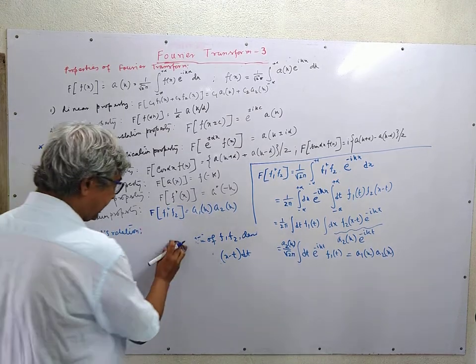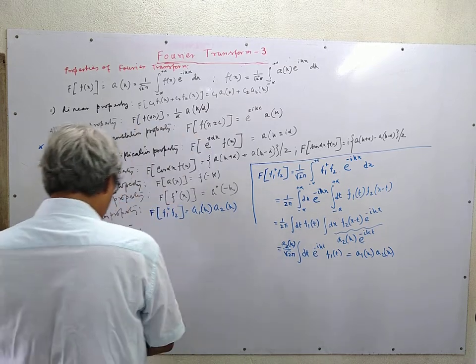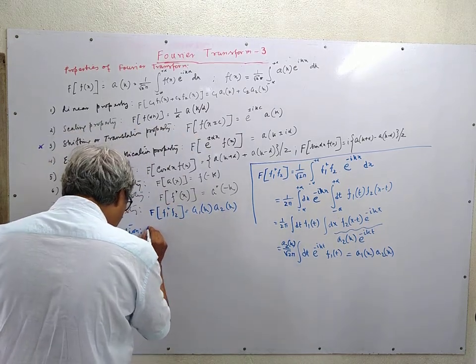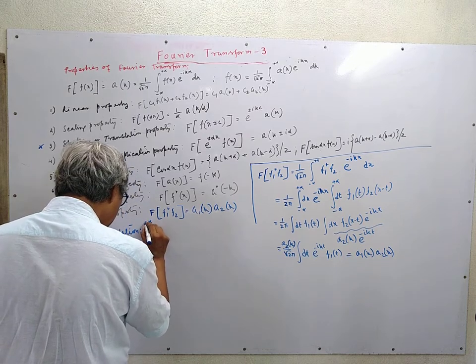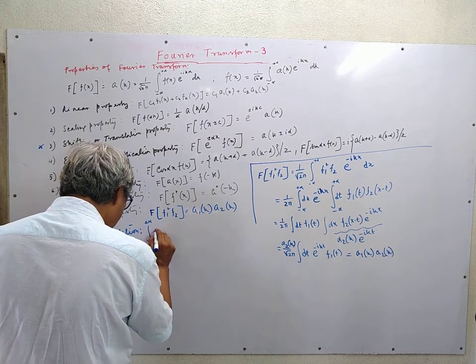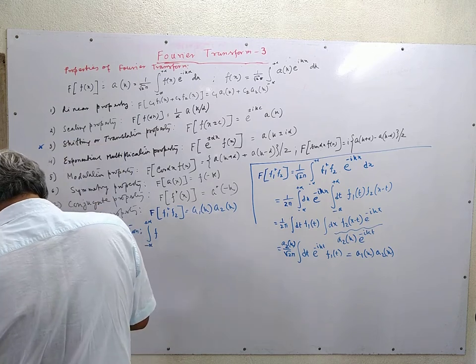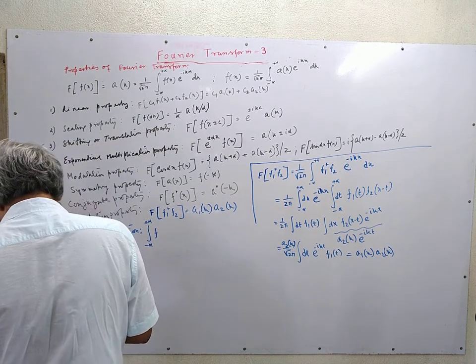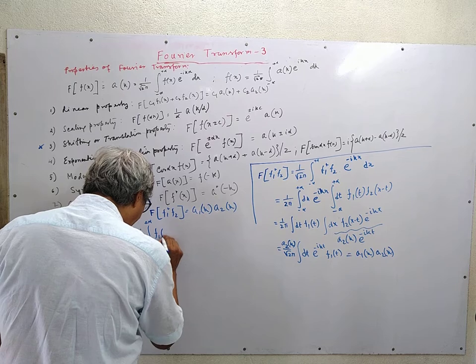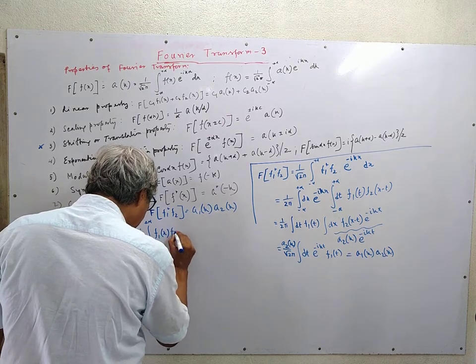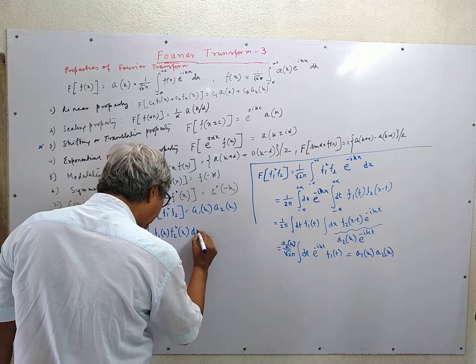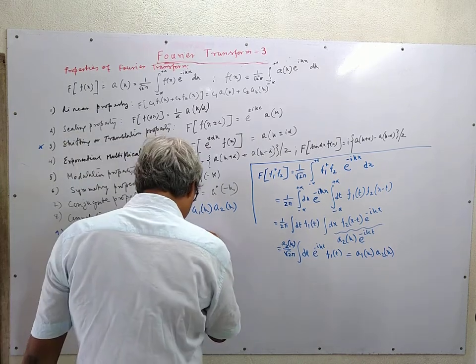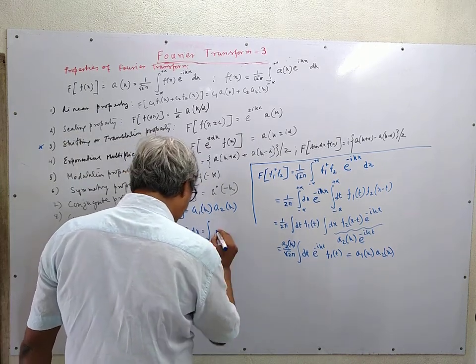Parseval's relation says that the integral of f1 star times f2 of x dx is equal to the integration over k of the corresponding transforms.